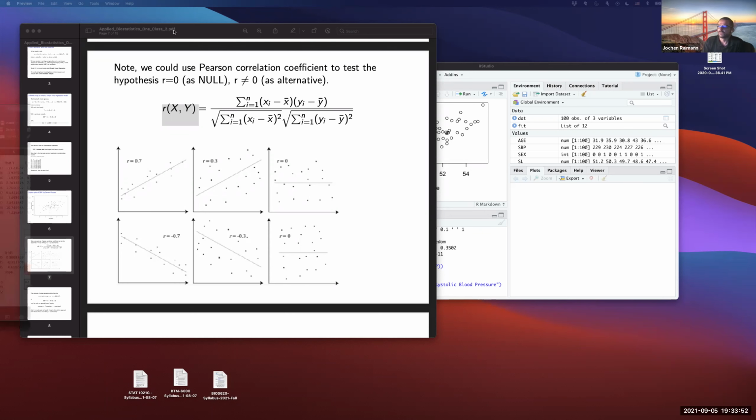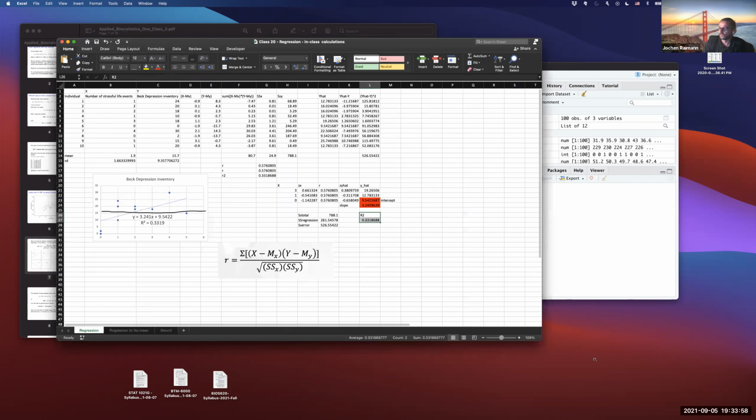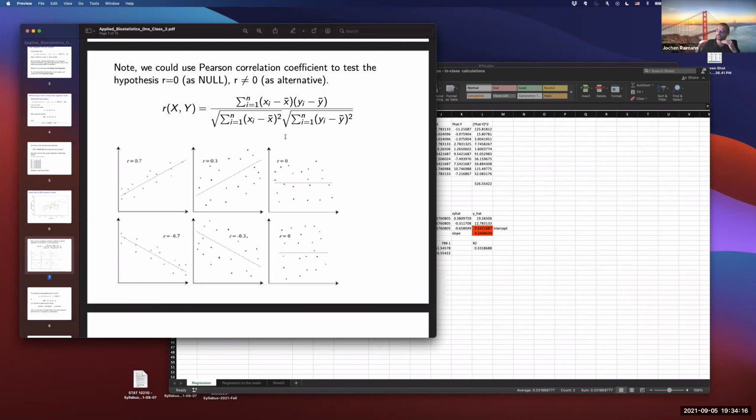Okay. So this is a calculation I used to show my undergrads. But I show you this for you to get a grasp of what the association essentially is. So if you are using a Pearson correlation coefficient, you essentially are testing the hypothesis that your correlation coefficient is significantly different from 0. Whereas an R of 0 is essentially a flat line or a vertical line, both of which come to the same end, right?